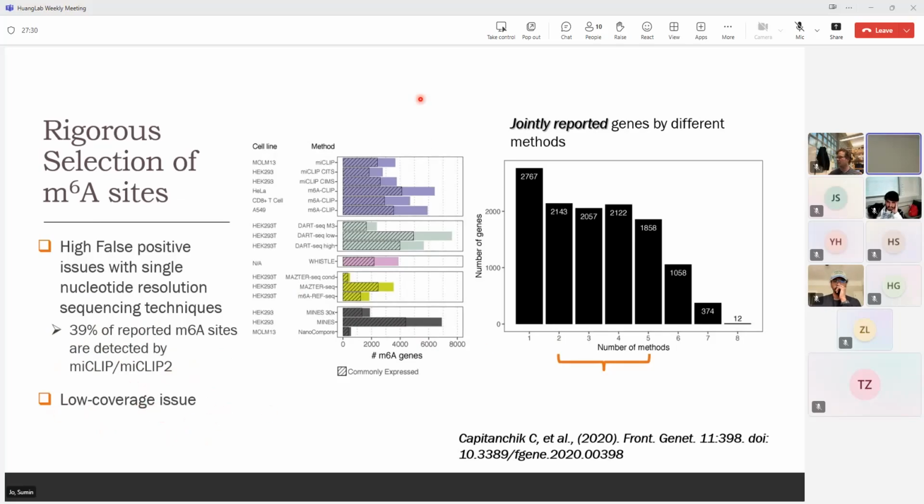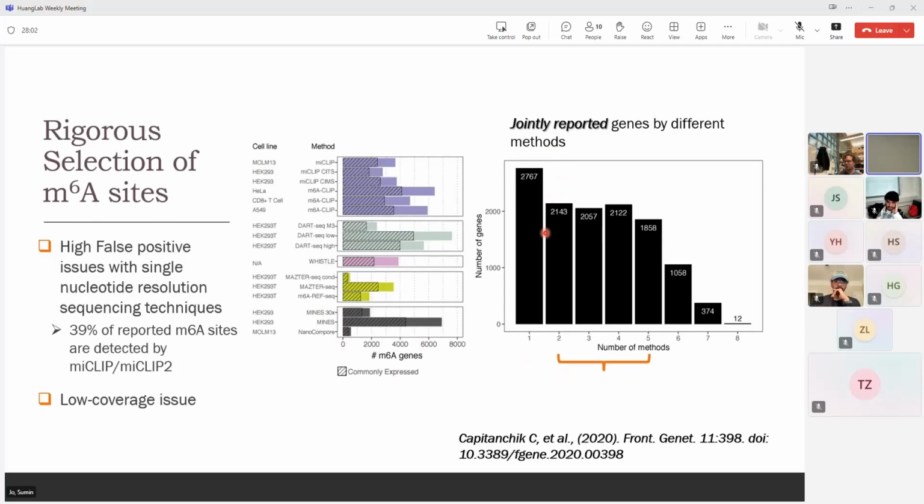So if we examine these samples, these are the cell lines and the different single base technologies, and these are the detected m6A genes by these different single base technologies. If we examine the jointly reported genes by different methods, we can see that if we just add one more sequencing technology to detect the same gene in the same cell line, the number drops significantly.